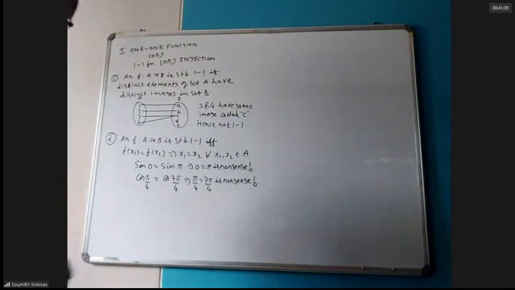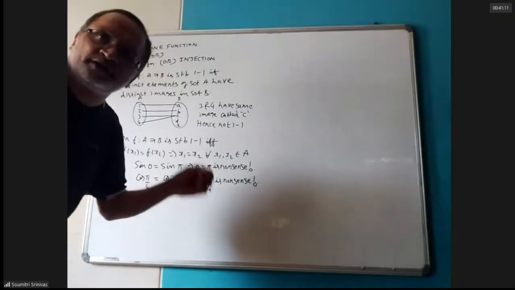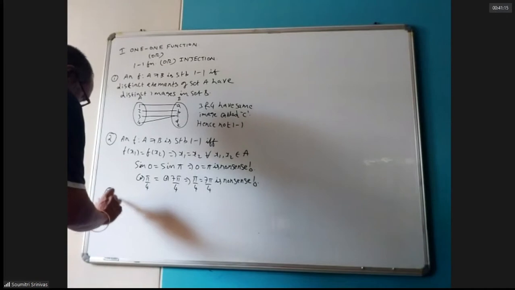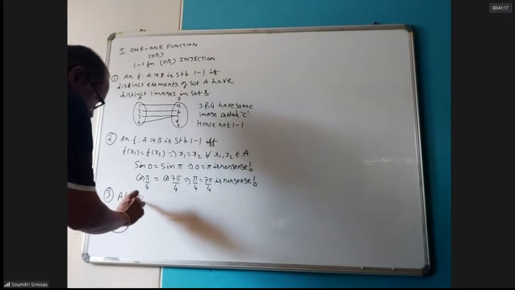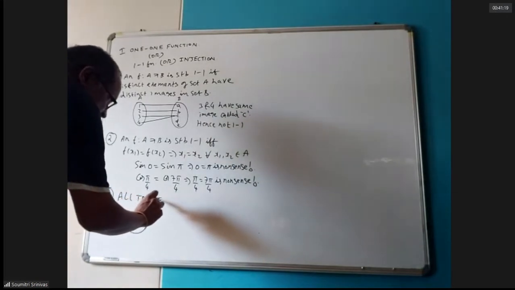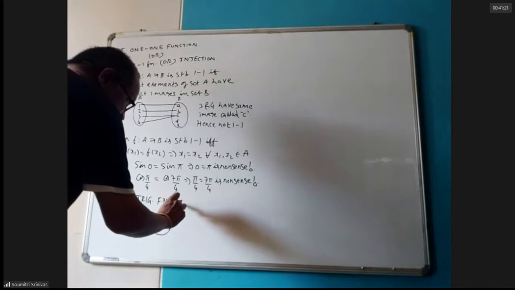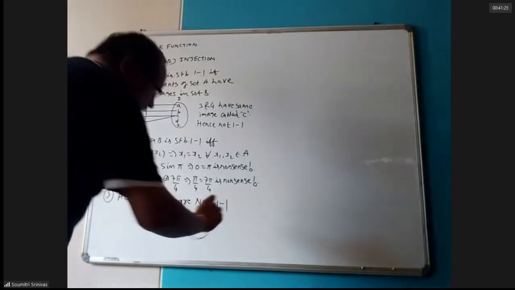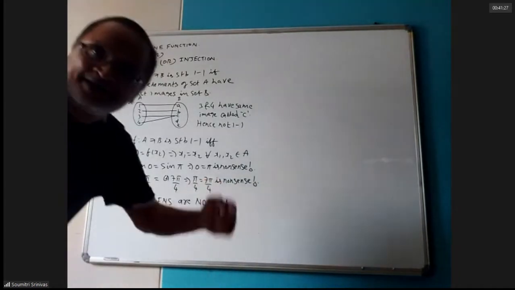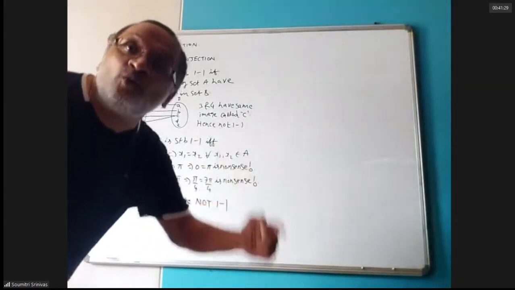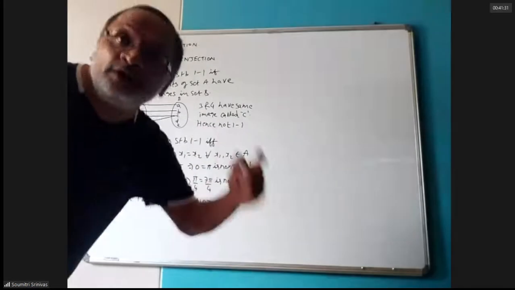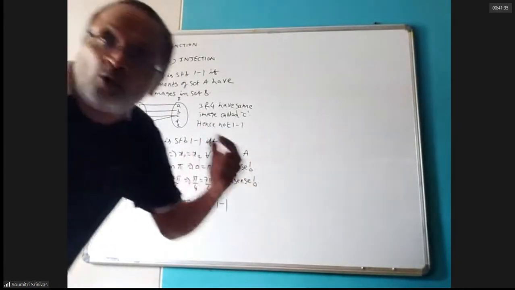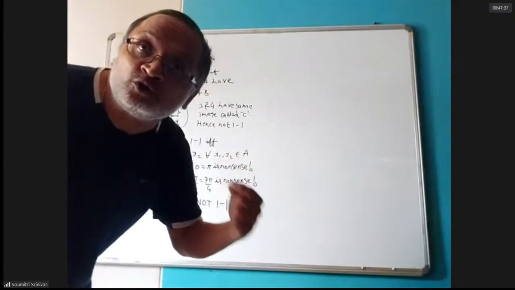We make a solid statement here. All trigonometric functions are not one-one. Reason: trigonometric function values will repeat. What is this repetition of values called?